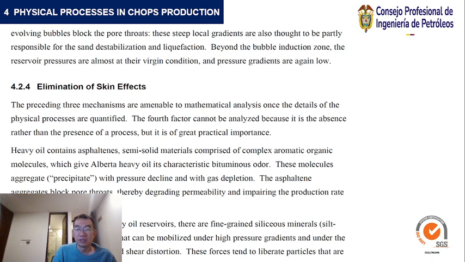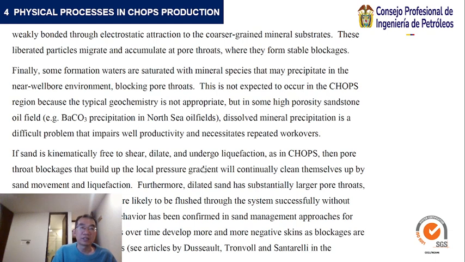These forces tend to liberate particles that are weakly bonded through electrical attraction. These liberated particles migrate and accumulate at pore throats, where they form stable blockage.